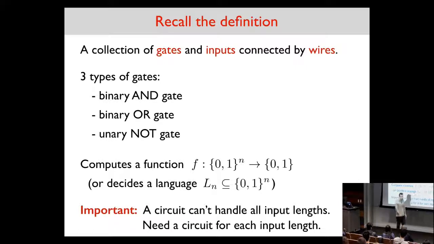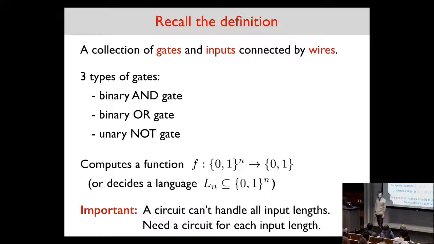A circuit by itself cannot handle all input lengths. I have a circuit, it takes a certain number of inputs, and that's it. That circuit is not going to handle larger inputs. If I want to handle larger size inputs, I need to construct another circuit. So really I need a circuit for each input length.